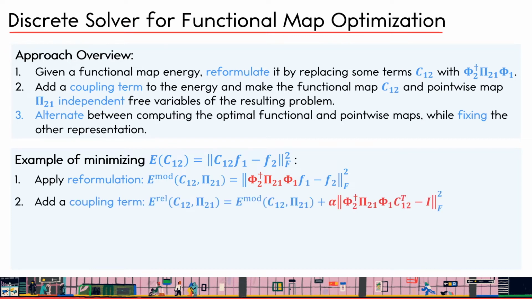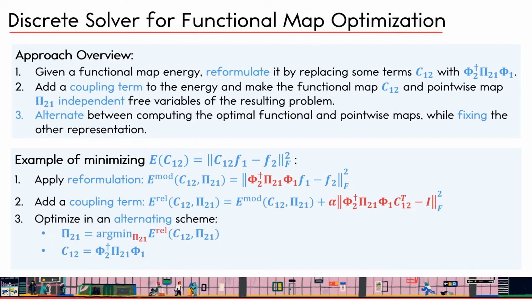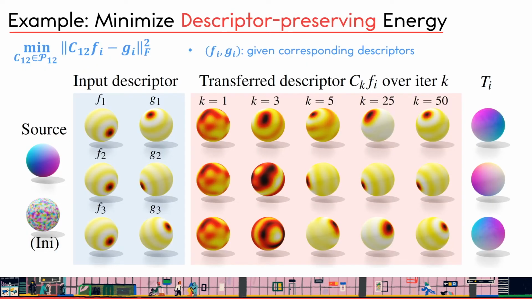We then add a coupling term between the functional map and the pointwise map with weight alpha, as colored in red. This term is to make sure the pointwise map is coupled or related to the proper functional map we are solving for. We can see that this relaxed energy is in a simple form according to our lemma, and the pointwise map can be solved in closed form. We then update the functional map from the optimized pointwise map to make it proper.